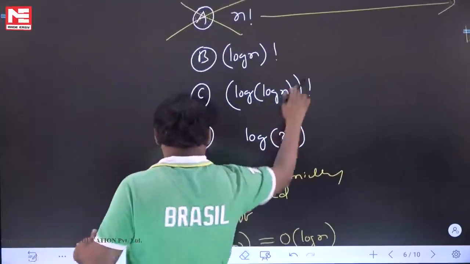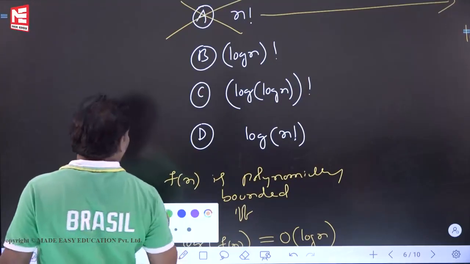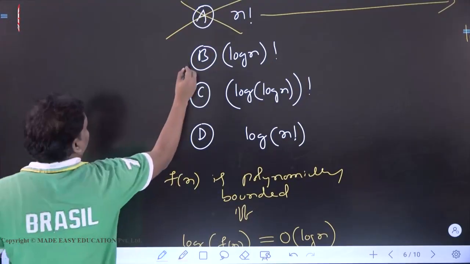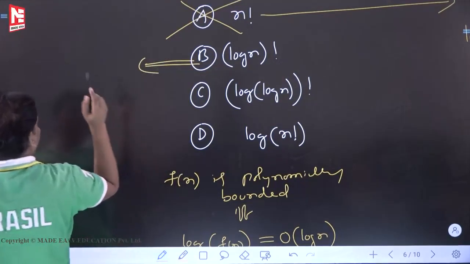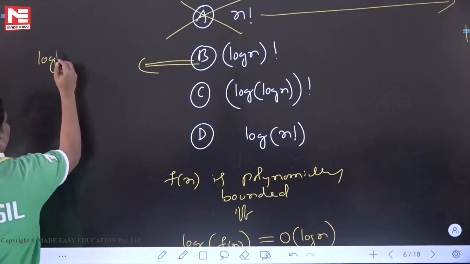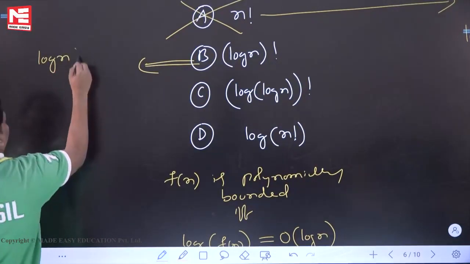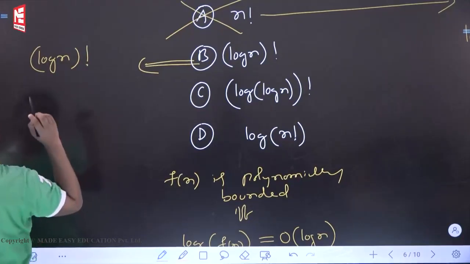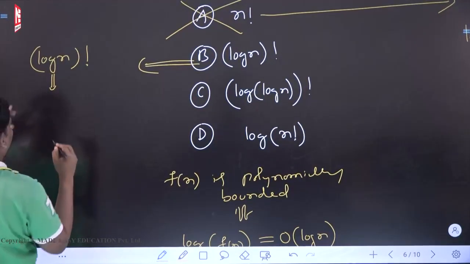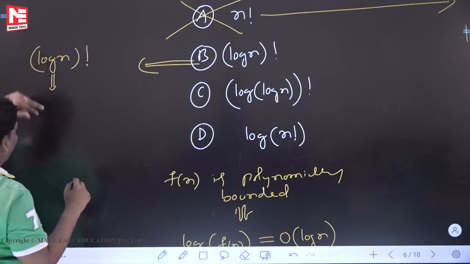Let's go to option B. Option A is fine. Let me check option B: log n factorial. What is the upper bound for this?